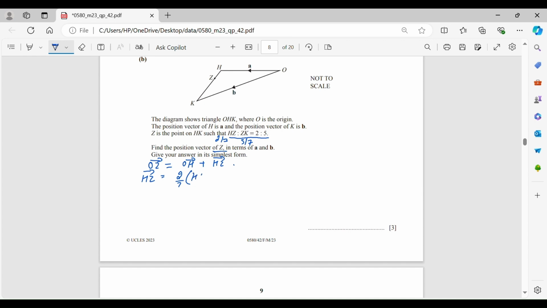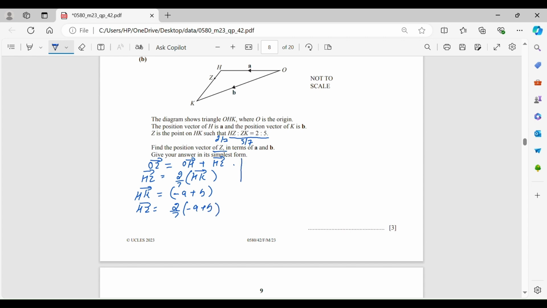Vector HK will be equal to minus a plus b. Now vector HZ will be equal to 2/7 of (minus a plus b).